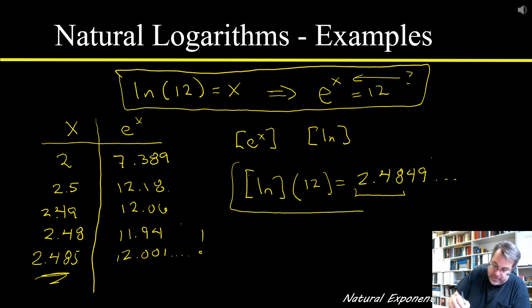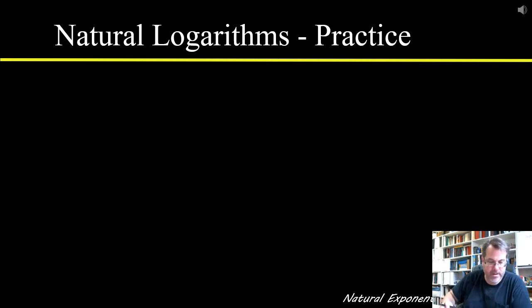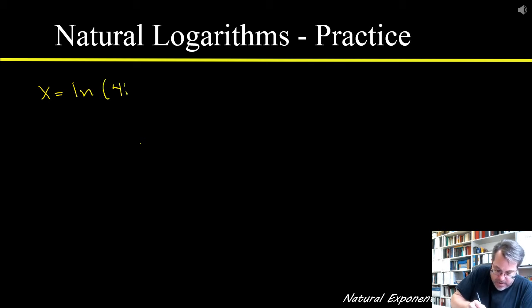All right, that's how we do these. Let's do a couple for practice, and then I'll give you a couple to do on your own. Here are a couple to practice. Really just practicing using your calculator, making sure you understand where the buttons are. But also, we want to think about what we're doing here, conceptually.